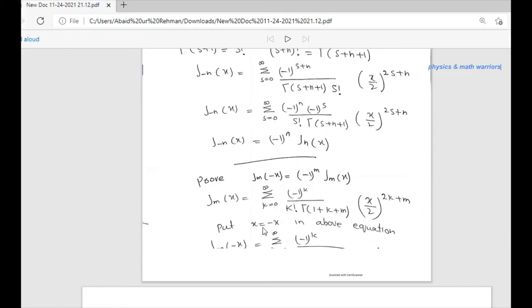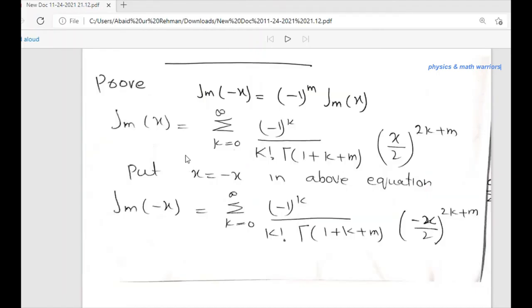We put x equal to minus x in the above equation. So the above equation becomes J m of minus x is equal to the summation k equal to 0 to infinity of minus 1 raised to power k over k factorial gamma of 1 plus k plus m, times minus x over 2 raised to power 2k plus m.